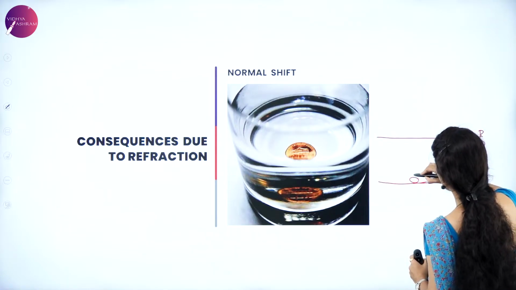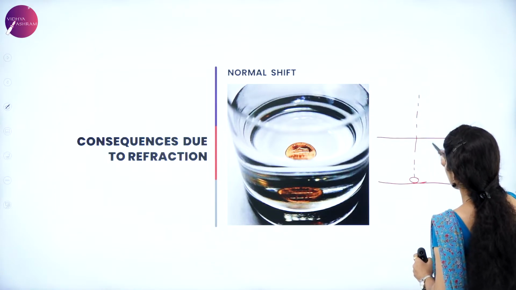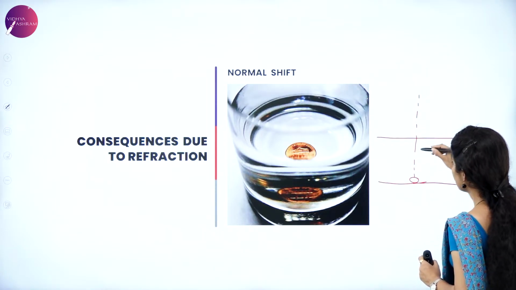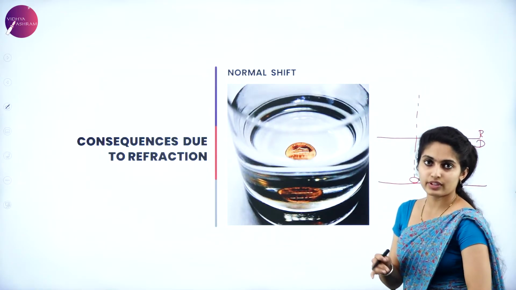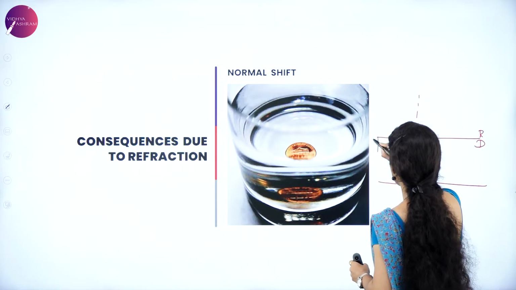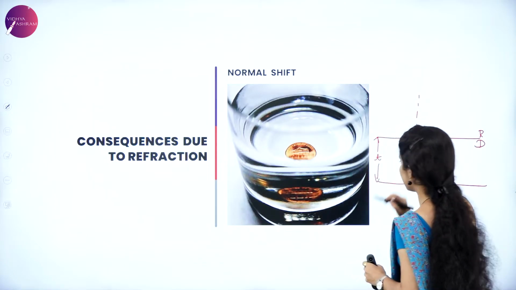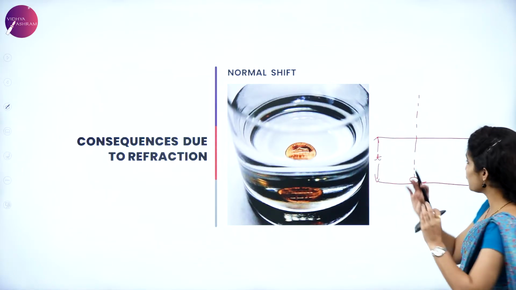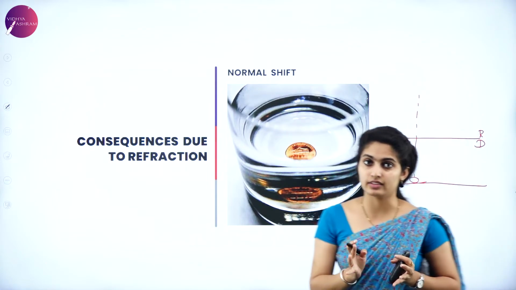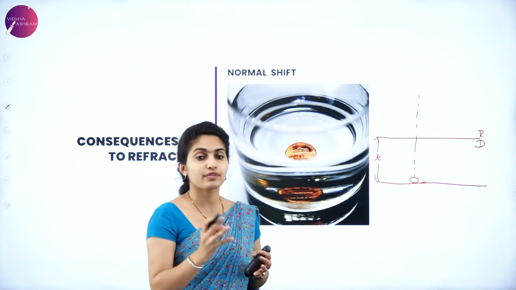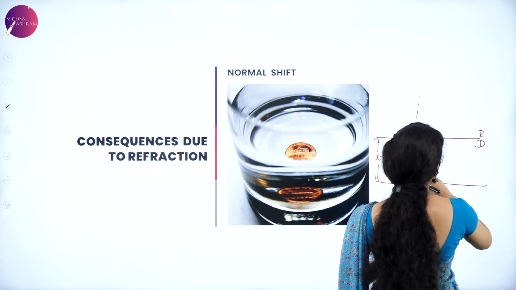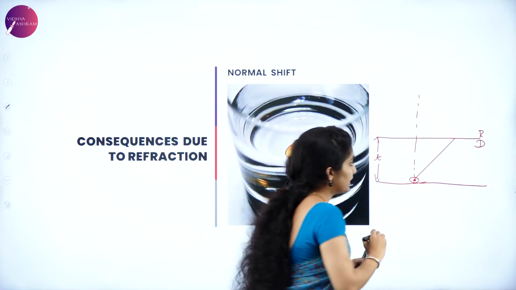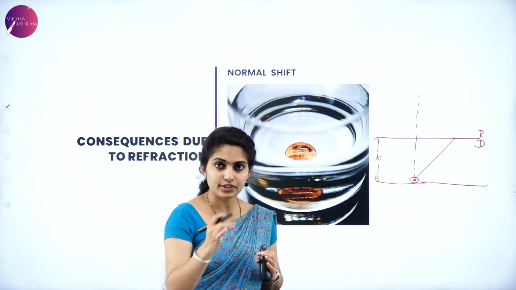Suppose you have a normal drawn over here, and the incident light, when observed from here, seems to be at the bottom itself. The depth also doesn't change. This is the original depth, call it T. Suppose you observe from a different angle, the incident light passes from this edge and passes over here, traveling from denser to rarer.